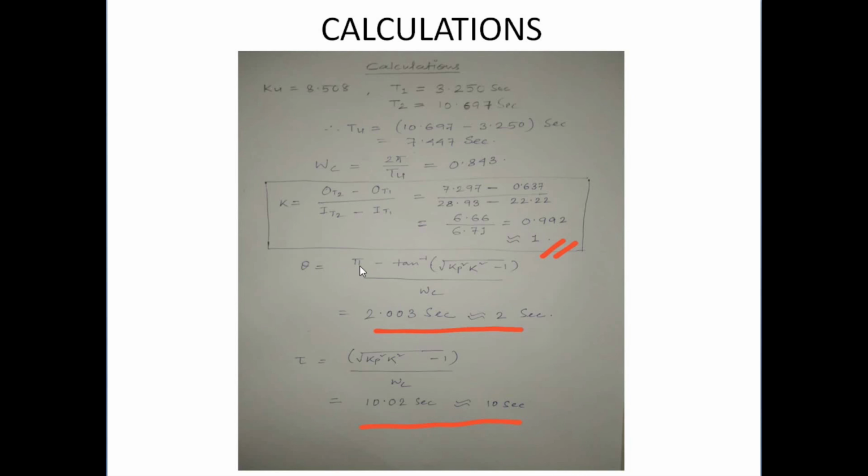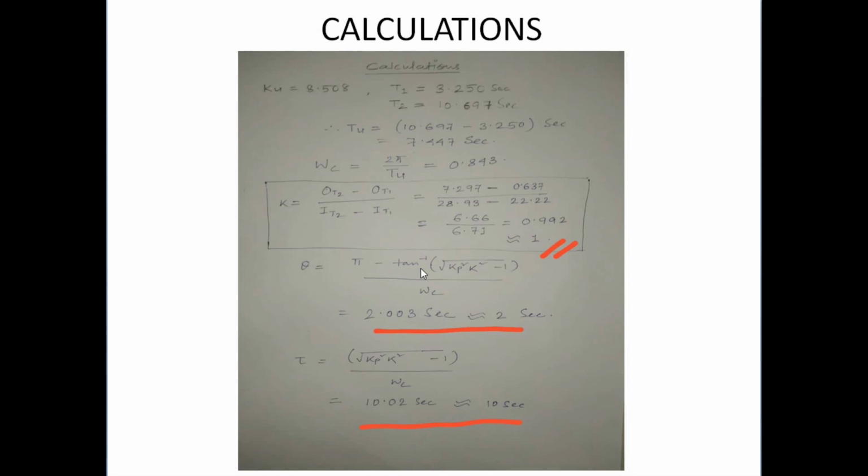Theta is pi minus tan inverse, all are in radians. Just before calculating, make sure you are calculating in radians, otherwise the result will come like error, right?